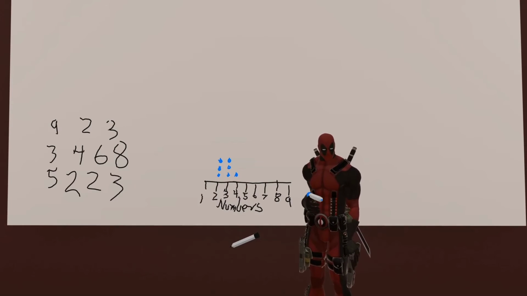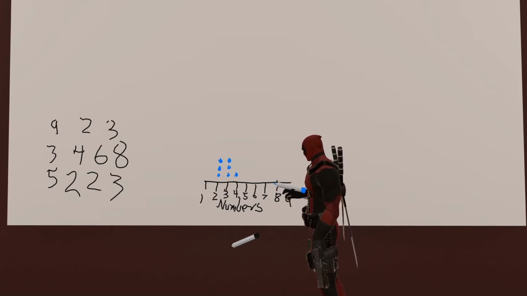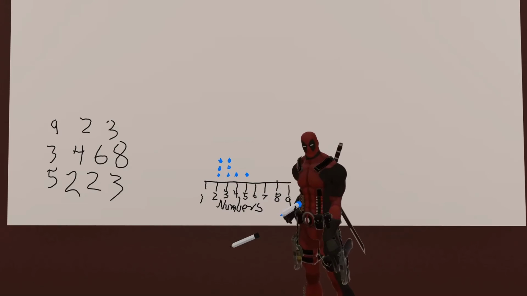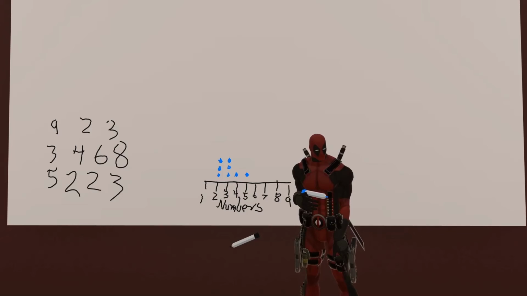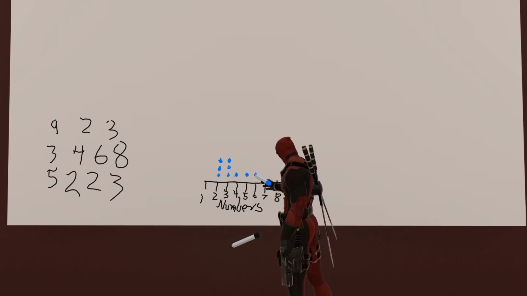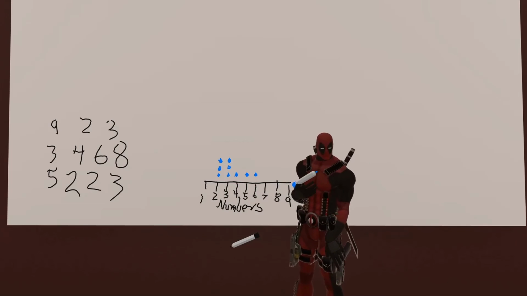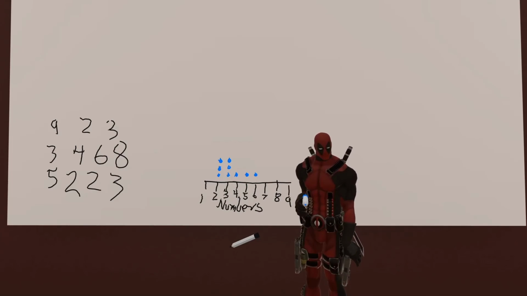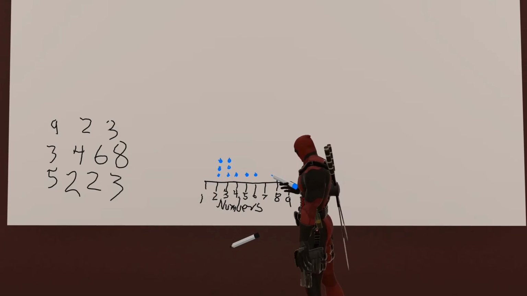Now, how many 5s do we have? Well, we also have one 5. So it's going to be just one dot. Do I have any 6s? Well, I have one 6. Do I have any 7s? Well, it doesn't look like there's any 7s over there. I have an 8 and I have a 9.